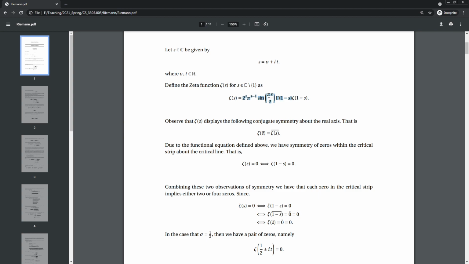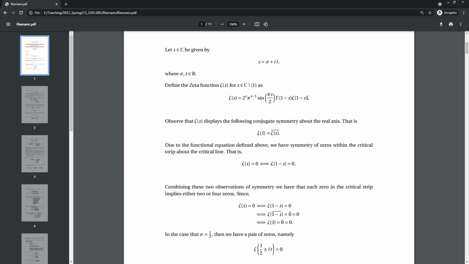This is the sine function, which is known not to be 0 in the critical strip. And this is the gamma function, which is known not to be 0 anywhere. I think it's nowhere 0. It's either undefined, so it shoots off to infinity at certain points, or it has some finite non-zero value. And so if this is 0, well, something on the right-hand side has to take this all to 0. And so that thing turns out to be this.